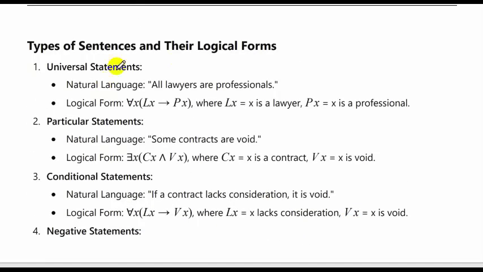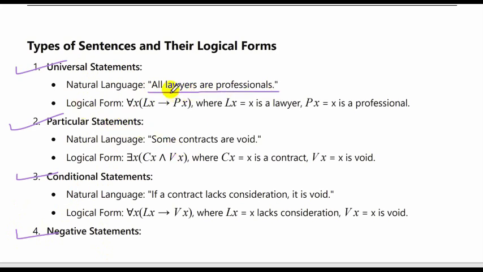Alright, what are the types of sentences and their logical forms? One is universal statement, particular statement, conditional statement, and negative statements. So we are going to learn these four of them. Universal statement: all lawyers are professionals.